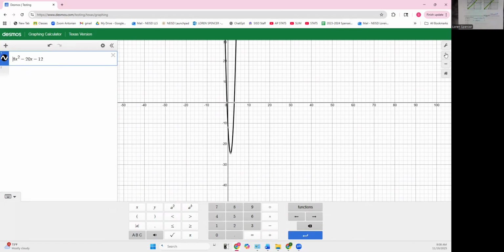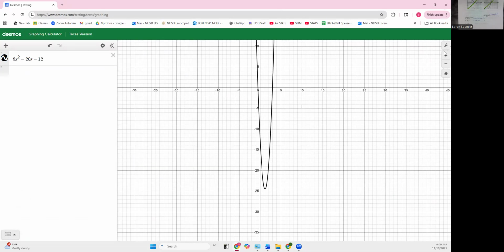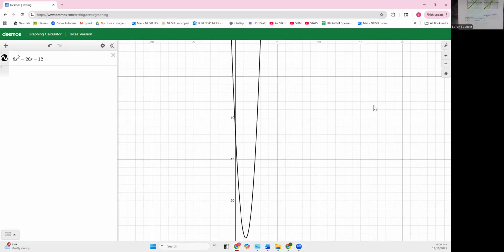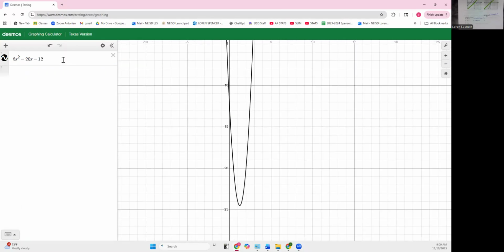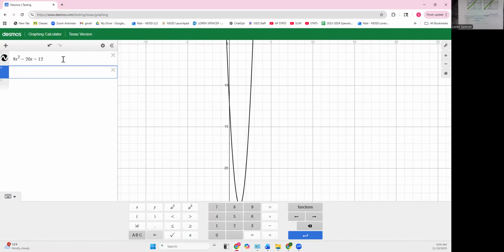I'm going to zoom out just a little bit, make it a little bit bigger. And the denominator that they gave me was 2x plus 1. So I'm going to plug that in and put it in parentheses. 2x plus 1. Always want to use parentheses. And then we're going to add the first answer choice, which is 4x plus 12.